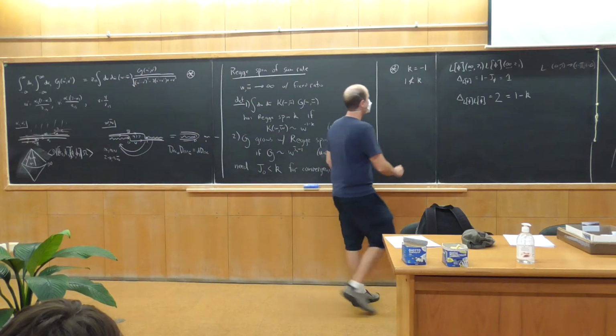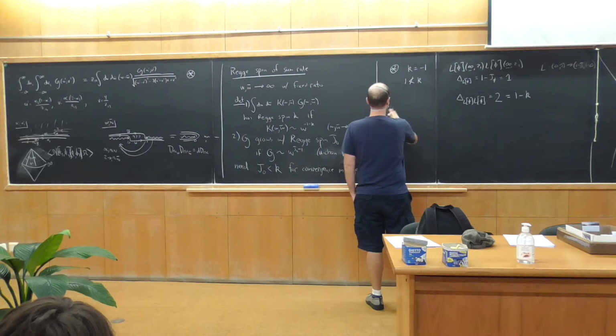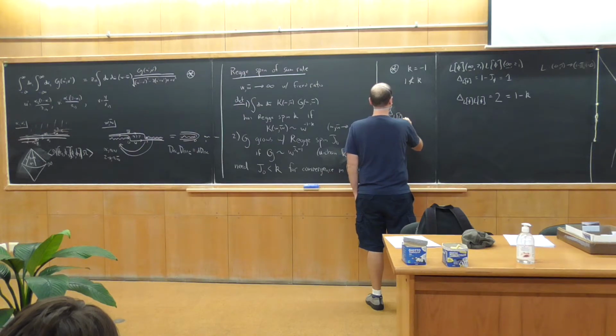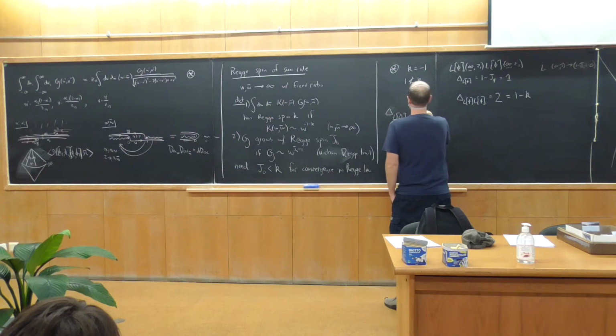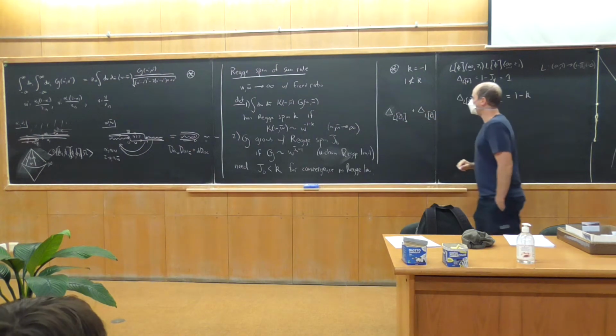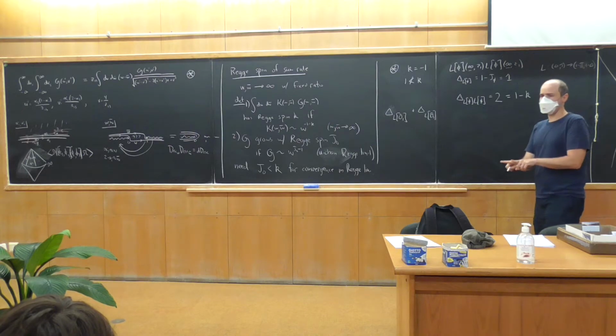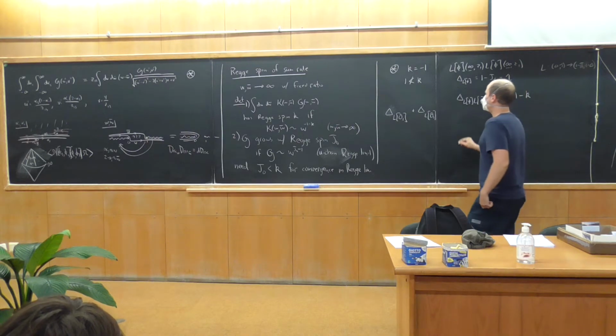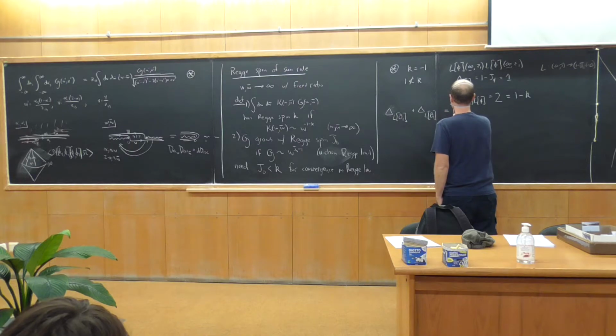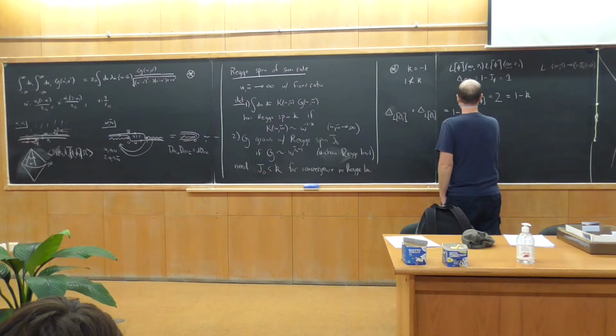I'll write the formula in general. You take Δ of the light transform of the first operator plus Δ of the light transform of the second operator. That gives you the dimension of the composite operator that you're creating. And then you write this as 1 minus j of the composite operator.